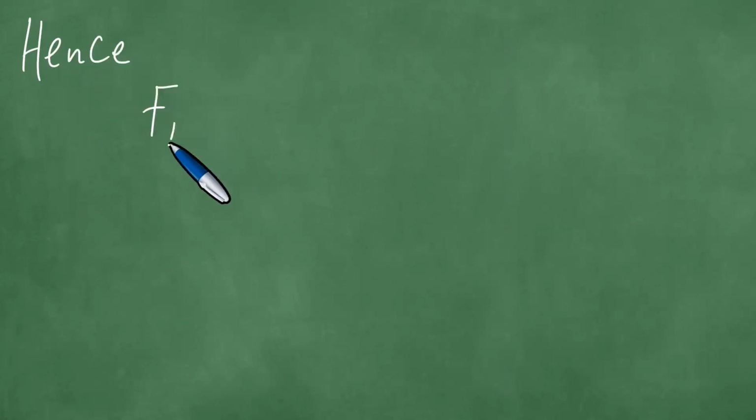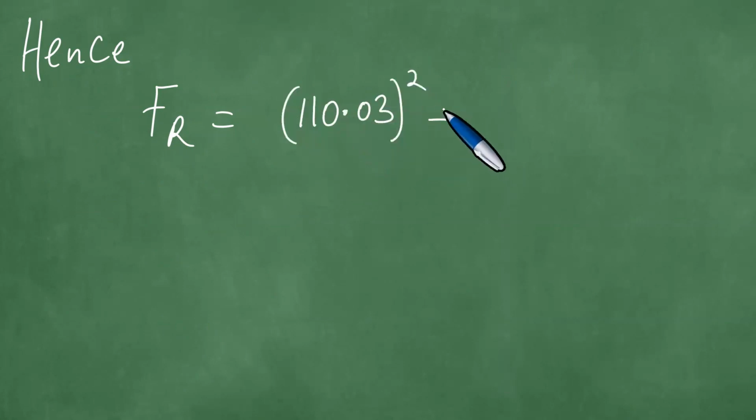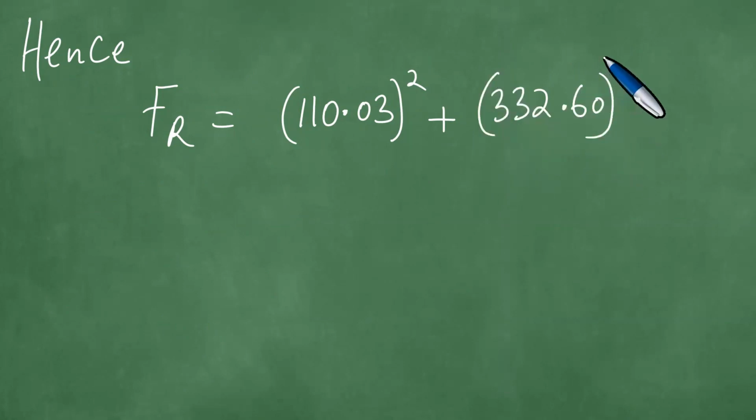Now with this said, hence, the resultant force is the square root of 110.03 squared plus 332.60 squared.